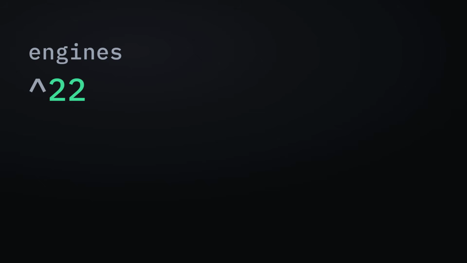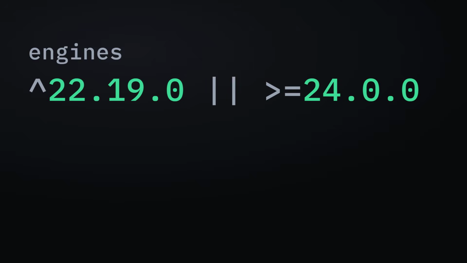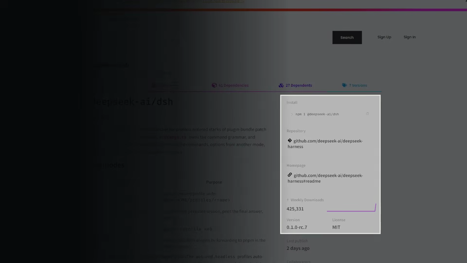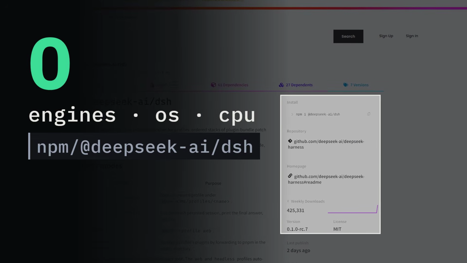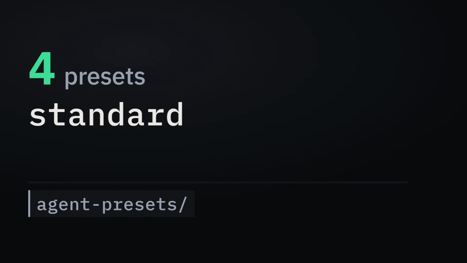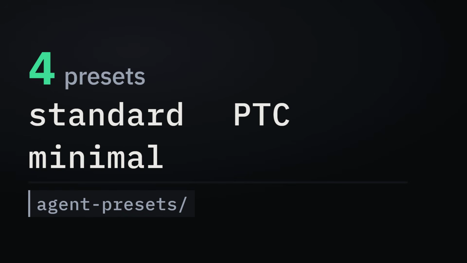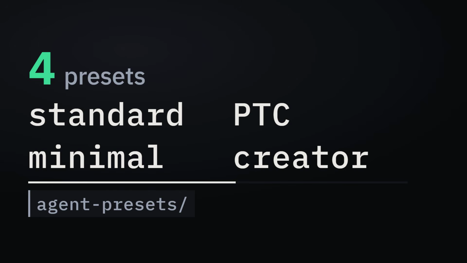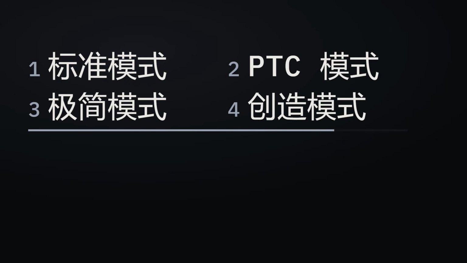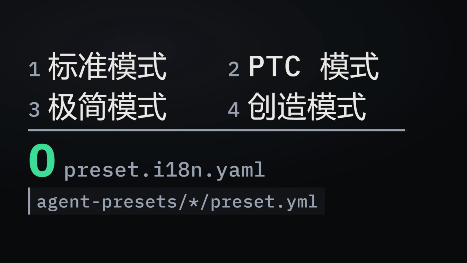The floor is 22.19 or 24. Node 20 will not work, and the published package declares no engine, so NPM never warns you. 4 preset modes ship: Standard, PTC, Minimal, and Creator. Fair warning. Every one of those names is in Chinese, with no translation file beside any of them.